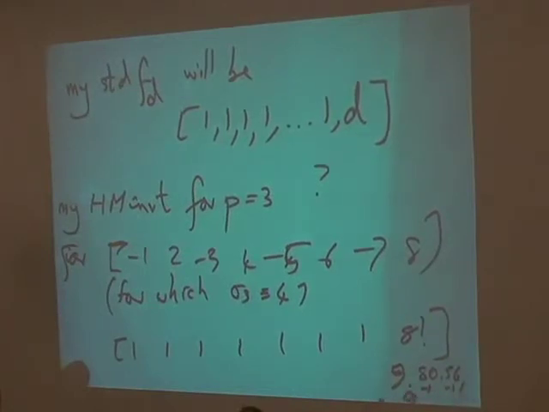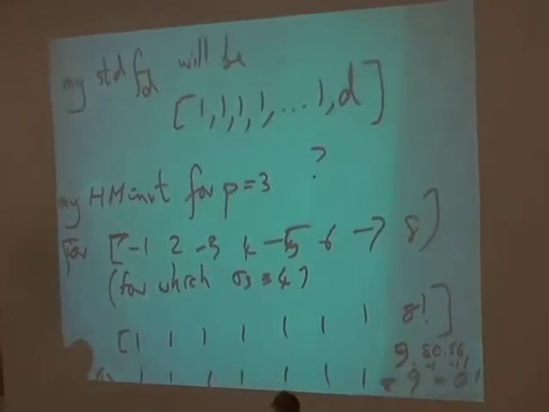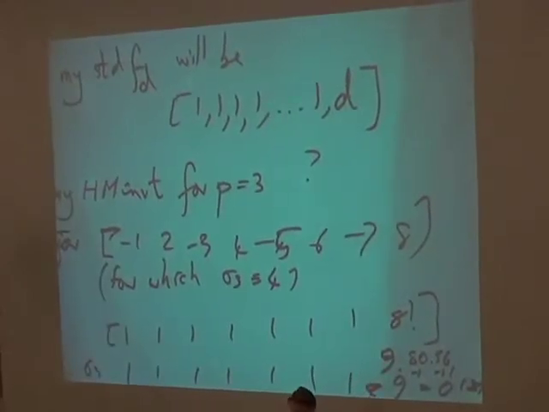So this is 9. So wait a moment. So sigma 3 is 7 plus 9, which is 0 mod 8. Okay. Oh, I'm writing off the page.